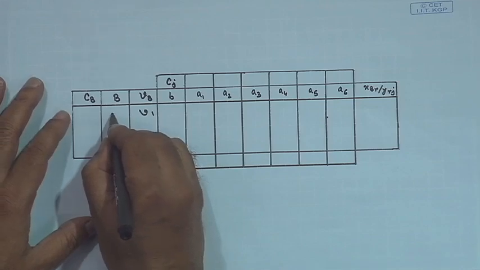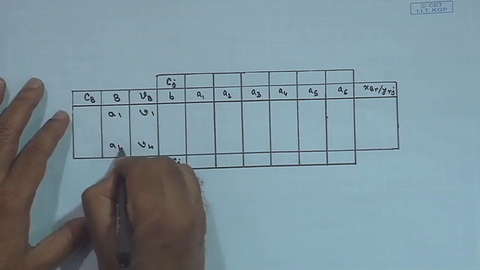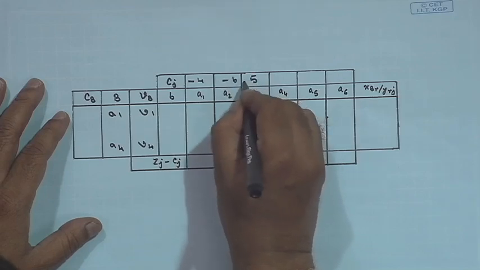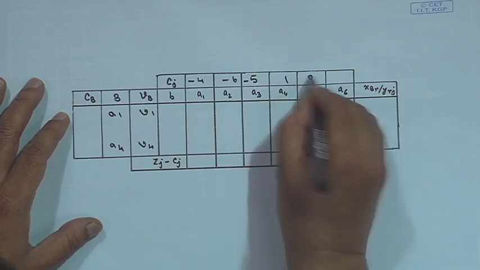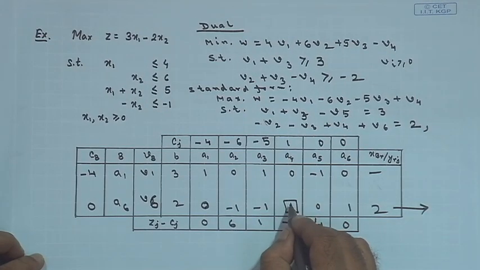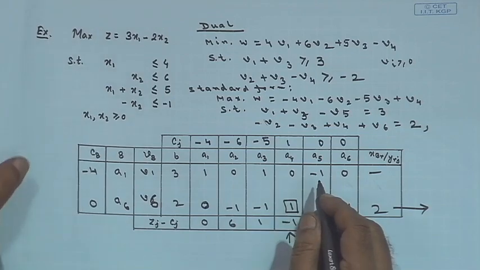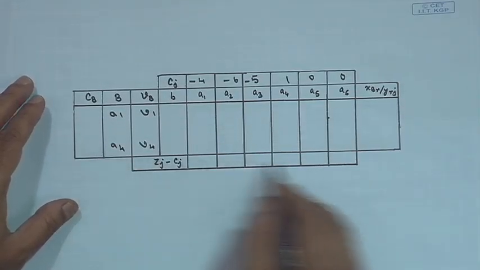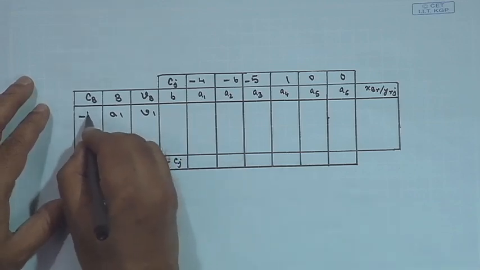So it will be A1, A4, the coefficients will remain the same, minus 4, minus 6, minus 5 and 1 0 0. Here this is your pivot element. So basically it will remain the same. This is 1 and this is 0, already it is there. So as such there will be no change, only the Zj minus Cj value will be changing.